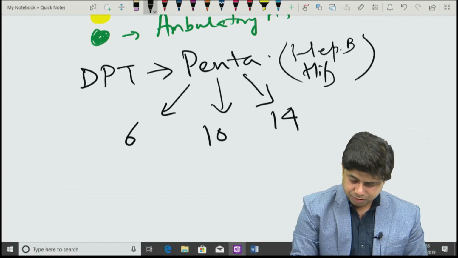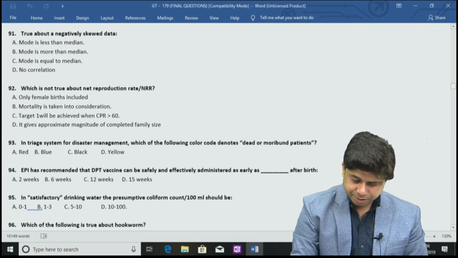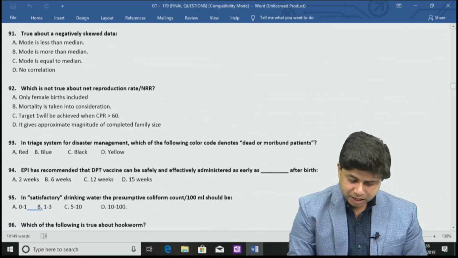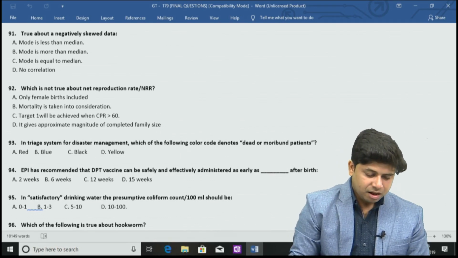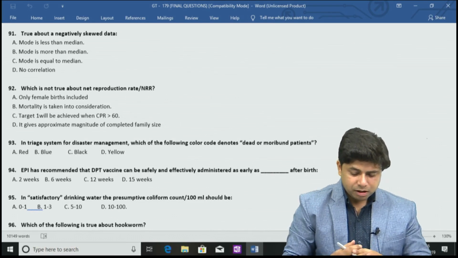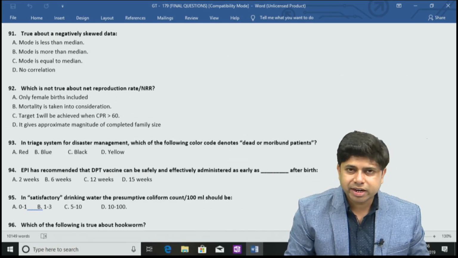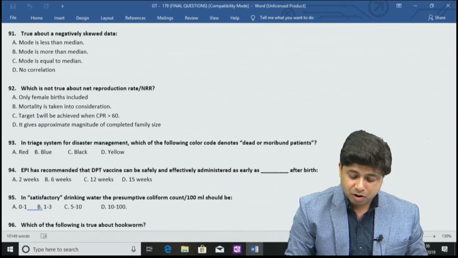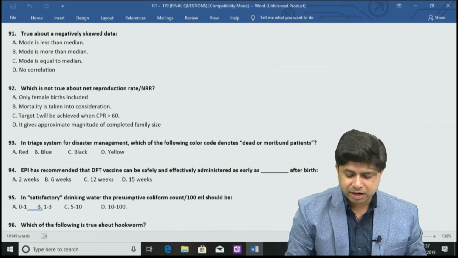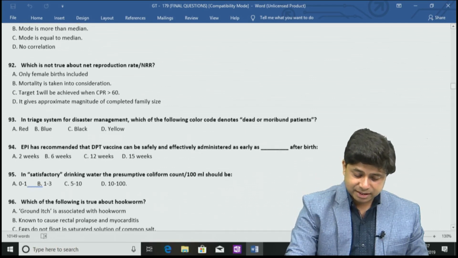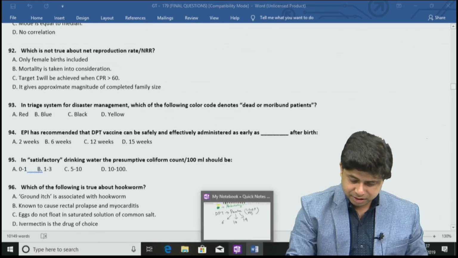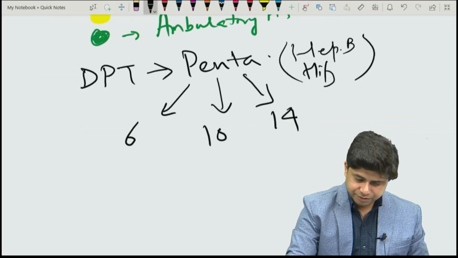Let's go to the next question, which is: in satisfactory drinking water, the presumptive coliform count per 100 ml should be. Okay, so it should be 1 to 3, not more than 1 to 3. This is basically, let's write it over here.